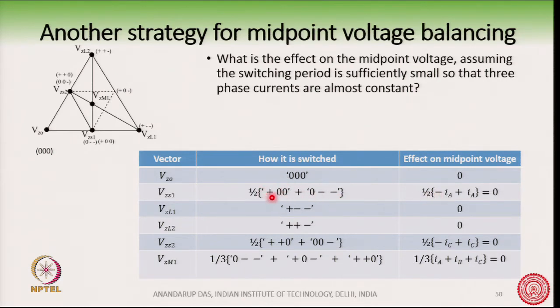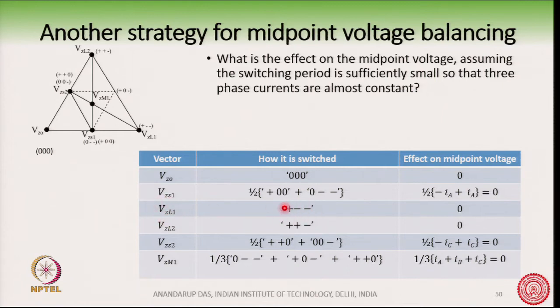In plus 0 0 we have seen that we have minus IA as the midpoint current, and with 0 minus minus we have plus IA as the midpoint current. So, if I apply this new vector VZS1, we will have a net current 0.